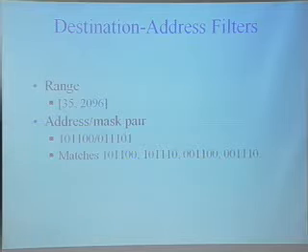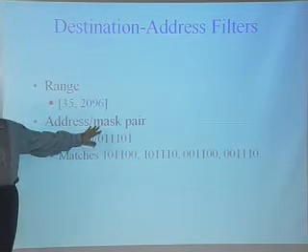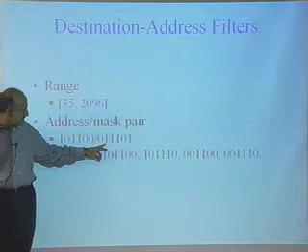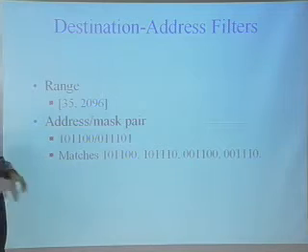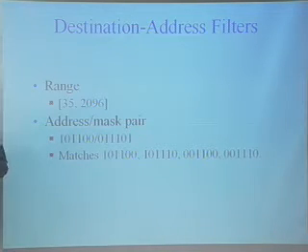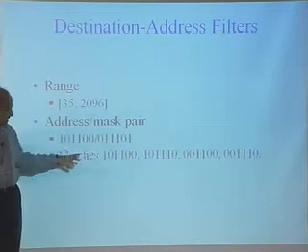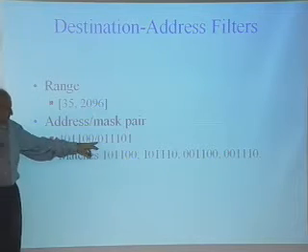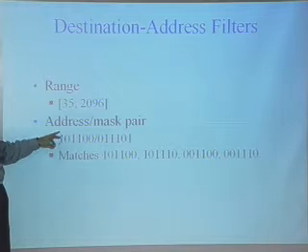More typical is to give the filter as a pair, which is an address and a mask. Okay. And the mask here, basically the zeros signify don't cares, and the ones mean that we do care. So wherever you get a 1 here, the corresponding bit out here is important in the address. Okay. So this 0 says, I don't really care what this first bit is.